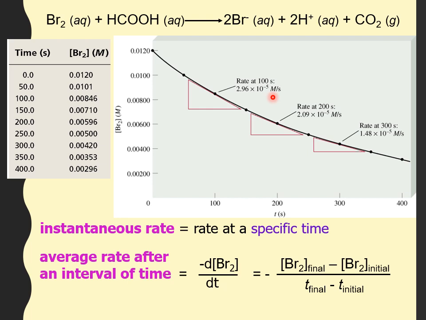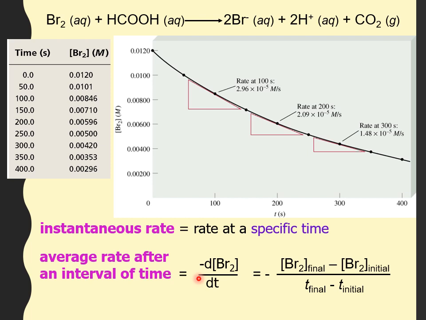And then what is the rate at 200 seconds? You point to 200 seconds here, and then you draw a tangent, and you are going to get the rate, which is 2.09 times 10 to the power of negative 5 molar per second. And then the rate at 300 seconds is 1.48 times 10 to the power of negative 5. How do we get this value?